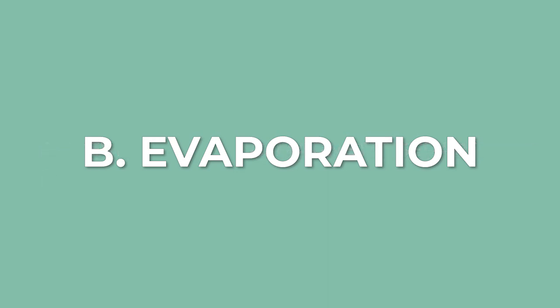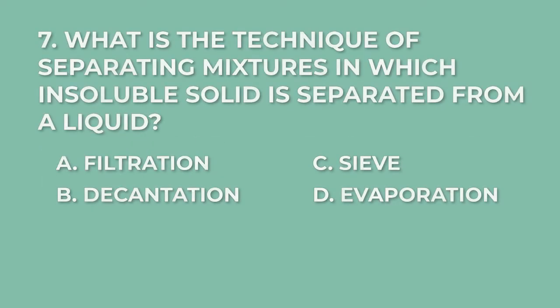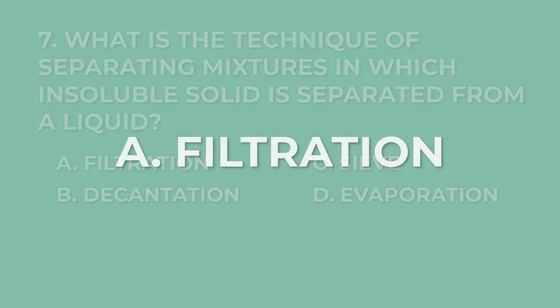The answer is letter B. Number 7. What is the technique used in separating mixtures in which an insoluble solid is separated from a liquid? The answer is letter A.